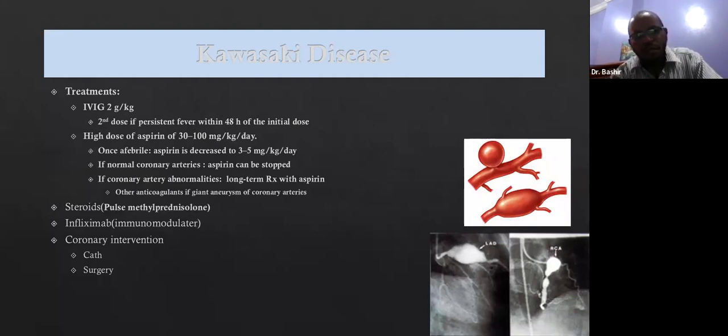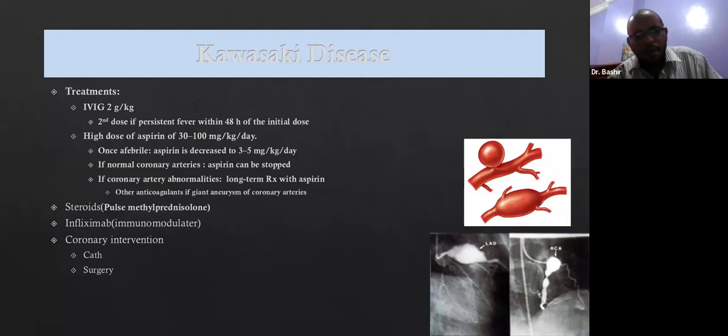For the coronary involvement, we will do a baseline echo first to see the coronaries, to measure their size, and to search for any ectasia, I mean dilatation of the coronary arteries, or aneurysm. But most likely it will not be present in the first week.